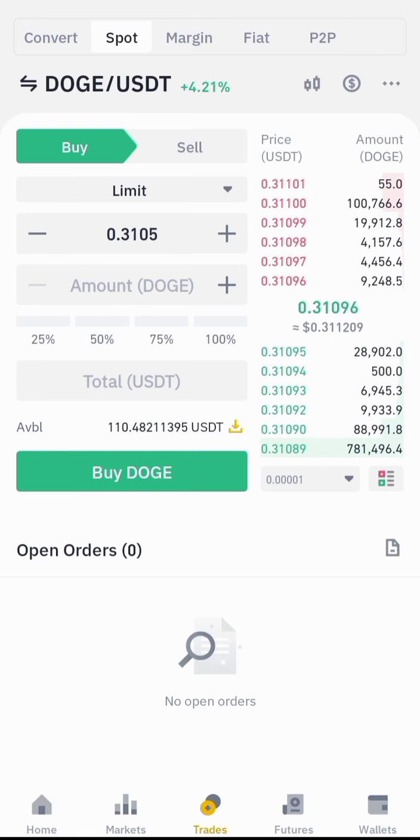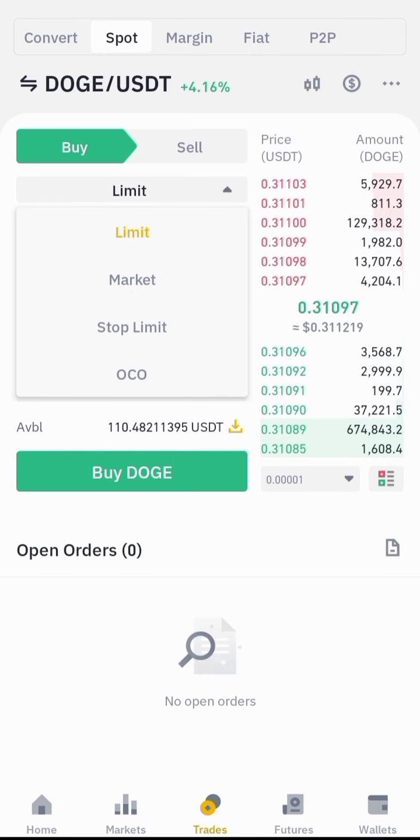So for you, you want to buy some amount of Doge, so using the limit order, you would fall under the bid.